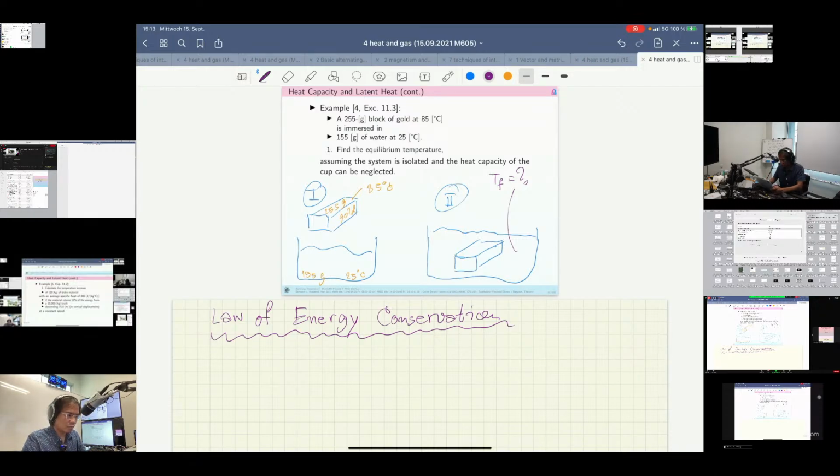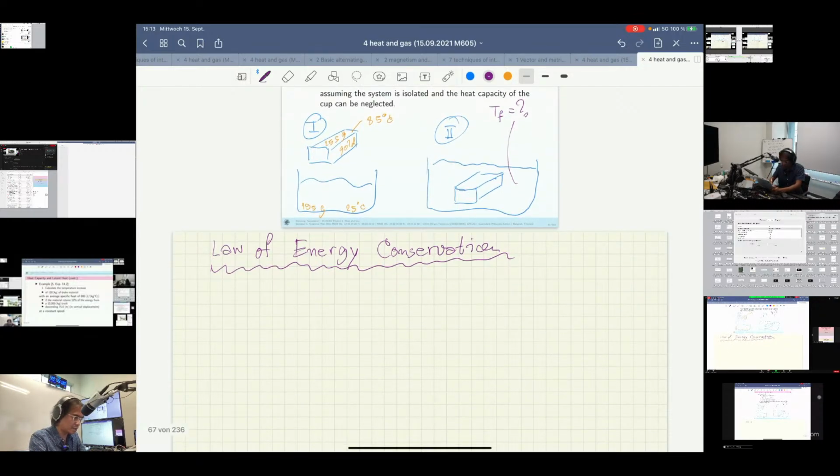We would go ahead by writing the summation of the Q remaining 0. It's going to be Q gold plus Q water equals 0, right?